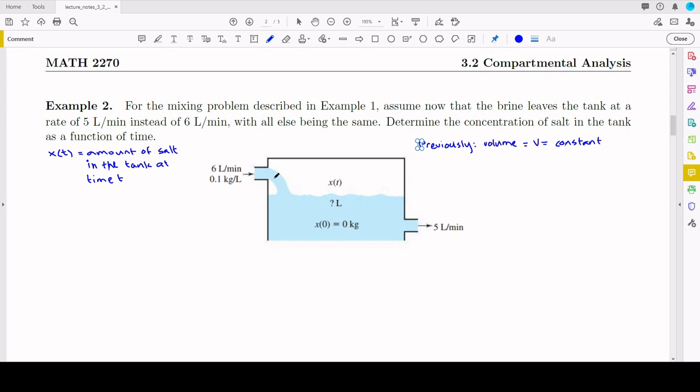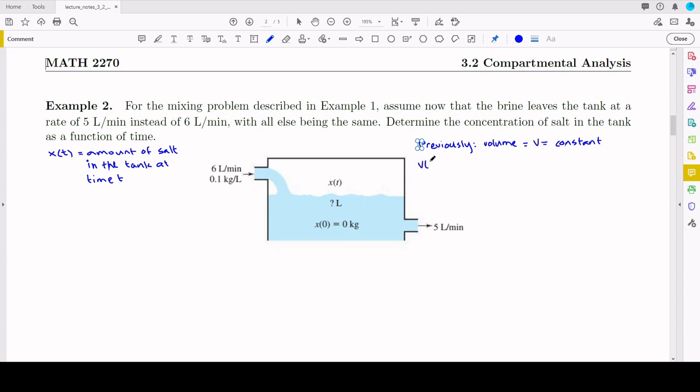But now we see that there's a net inflow of 1 liter per minute, right? 6 liters going in, 5 liters coming out. That means 1 extra liter per minute is accumulating in this tank.